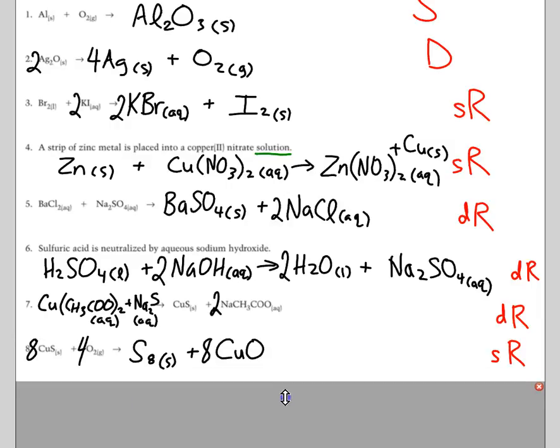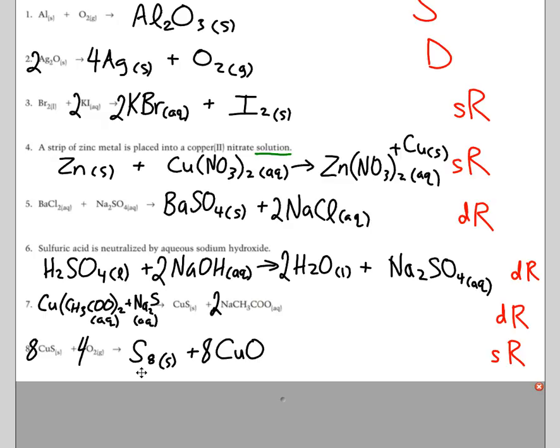The next reaction is single replacement, copper 2 sulfide reacting with oxygen, forming elemental sulfur, which you may have recalled at the beginning of the course. We looked at this as being an octahedral element. So it's sort of a molecule in its element form. And in this case, copper 2 oxide would be the other predicted product.